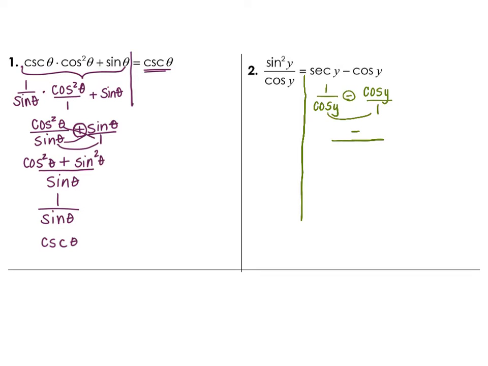The product of the denominators is going to be cosine y, and then if I cross multiply, I'm going to get 1 minus cosine squared y. And again, that's going to be from one of our Pythagorean identities that we just talked about. It's just been rearranged, and we see that that is equal to sine squared y, and that's going to be over cosine y. And notice your sides match, so you are finished.